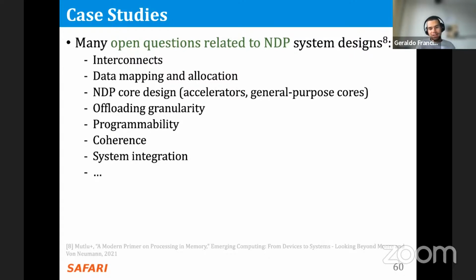So if you still want to do a PhD in processing memory topics, just pick your favorite topic and go for it. There is still a bunch of open topics that we need to address.